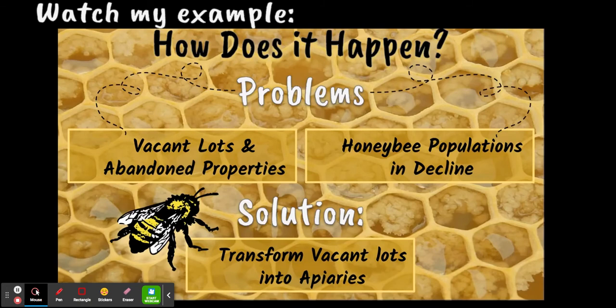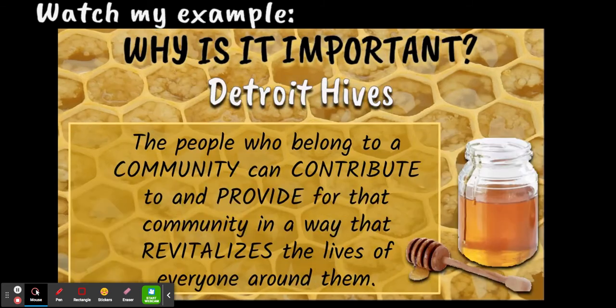And an apiary is a place where there's honeycombs that live there in little communities, little bee communities. Why is it important? So the message in this film was to inspire other people and to let them know that people who belong to a community can contribute to and provide for that community in a way that revitalizes the lives of everyone around them.